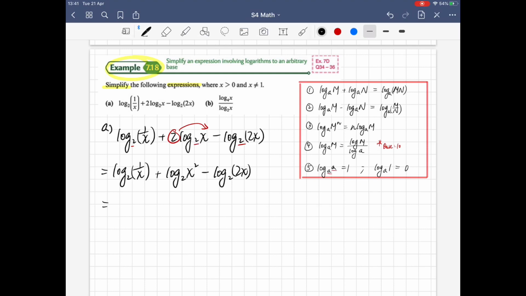Afterwards, I will combine the terms together, but each time I will just consider 2 terms. Okay, so I will deal with log 1 over x and log x squared first. So we can apply the property 1 so that it will become log 1 over x times x squared with base 2, and for the log 2x I just leave it here.